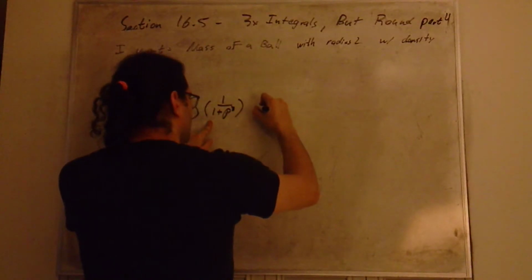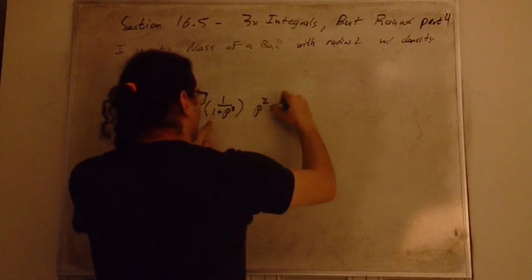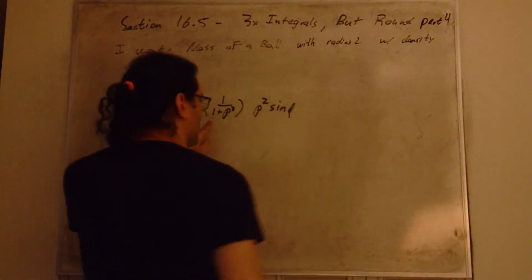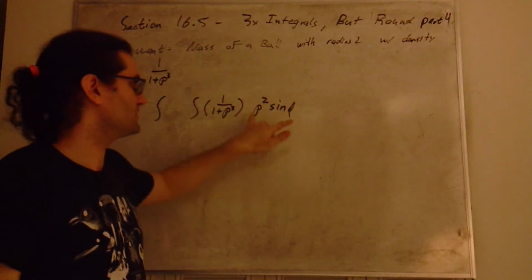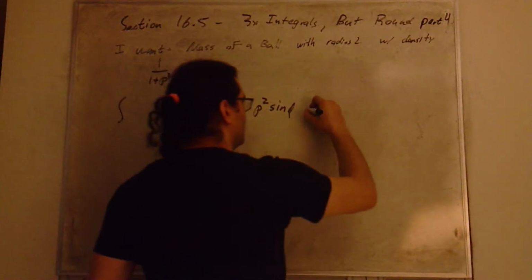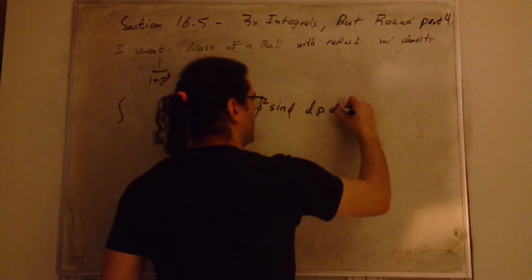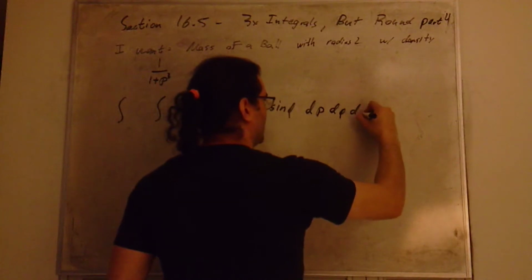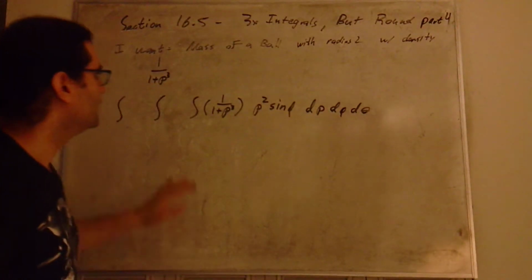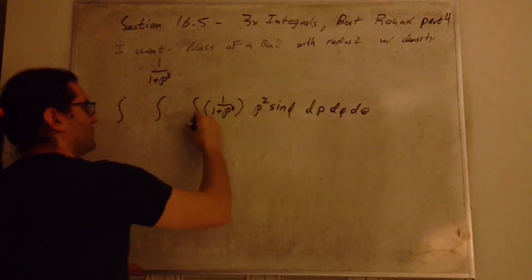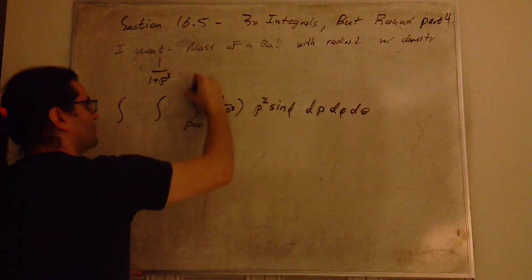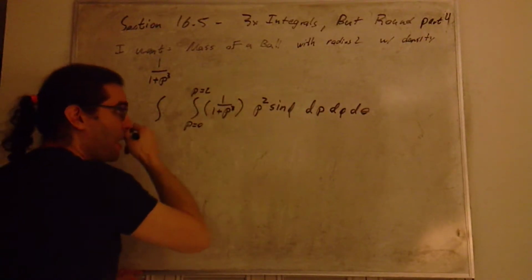I also need to include rho squared sine of phi, because I always include this in all of my triple integrals in spherical coordinates. This just comes attached with d rho, d phi, and d theta. And now I just need bounds. If I want this thing to have radius 2, then rho needs to go from 0 to 2.